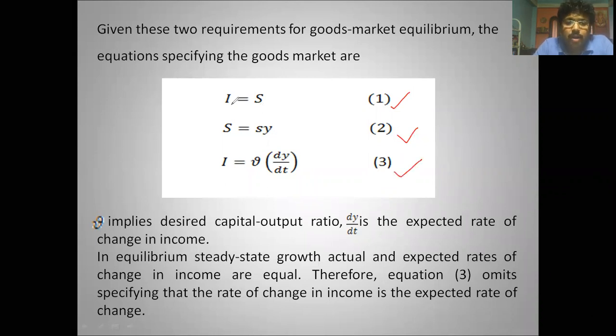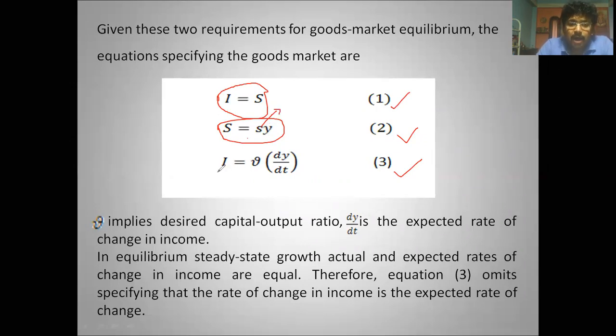So what is equation 1? Equation 1 means that investment is equal to savings, and equation 2 represents savings as a proportion of the permanent income, and s is the marginal propensity to save, small s.